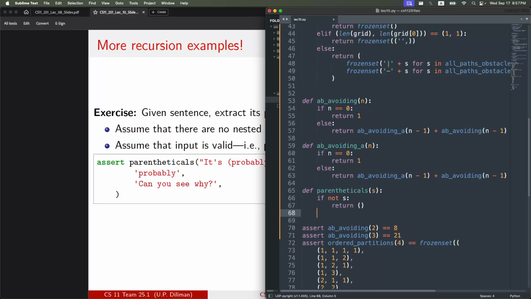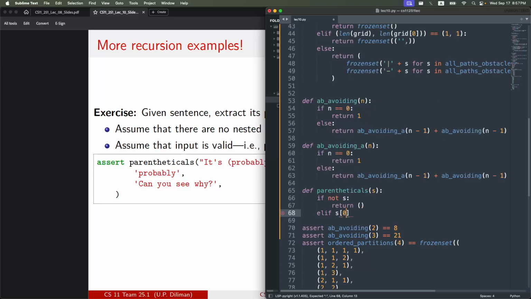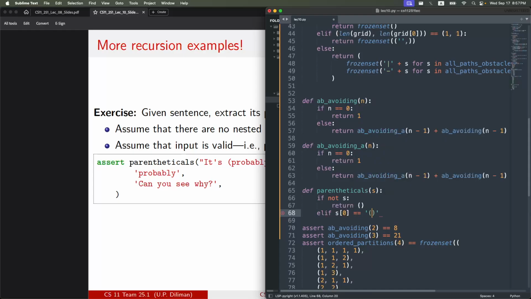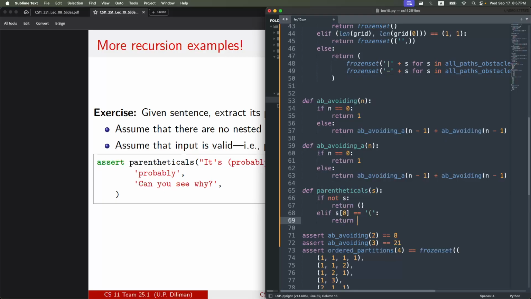Otherwise, if the first character of the string is equal to the open parenthesis, then we pass the rest of the processing to another function.